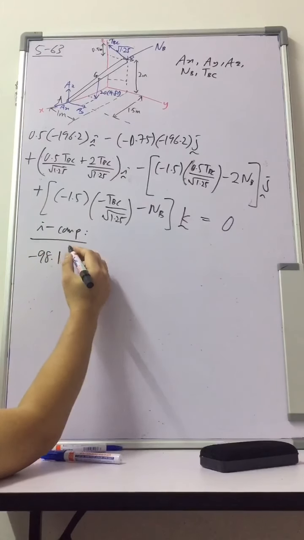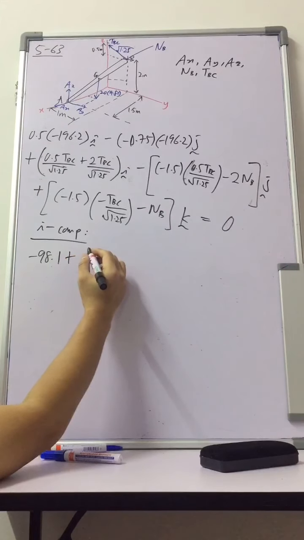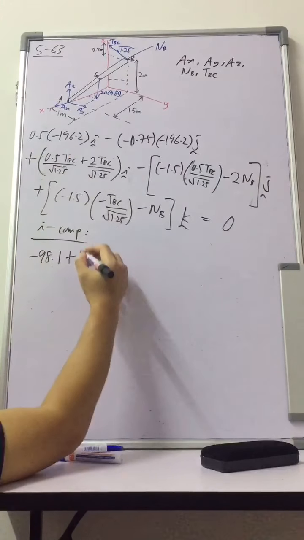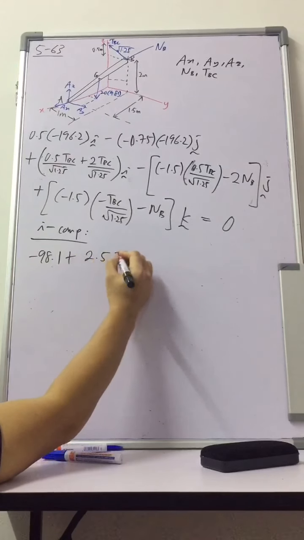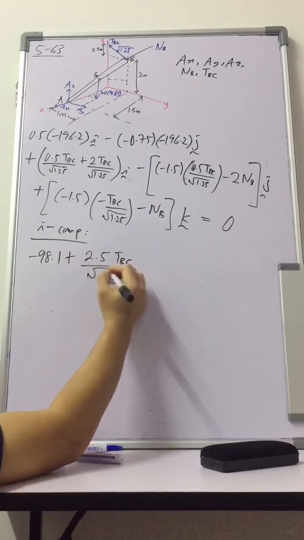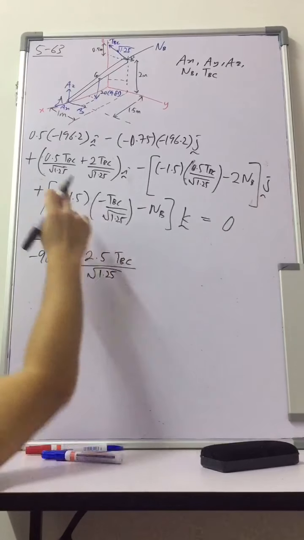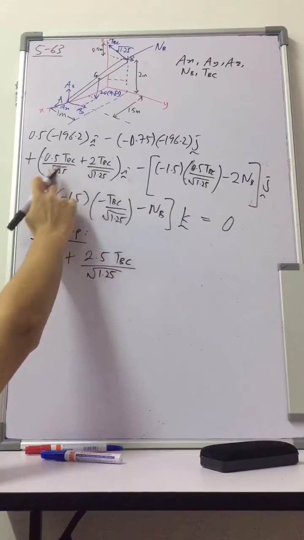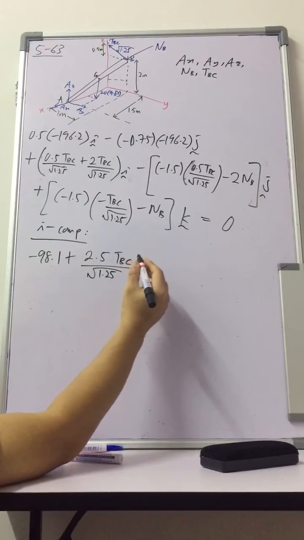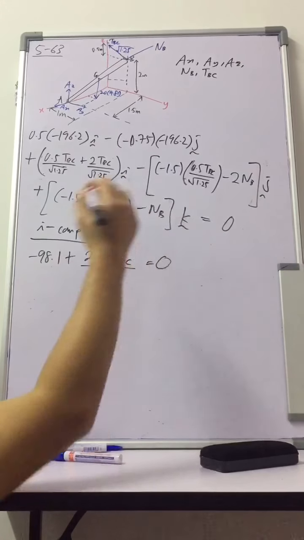Half of the way. And then plus 0.5 plus 2, it is 2.5 TBC over root 1.25, right? These two can be summed up. 2.5 TBC over root 1.25 equals to 0.